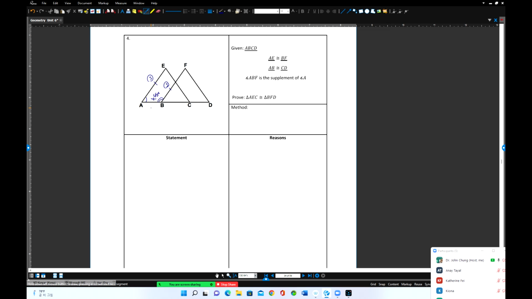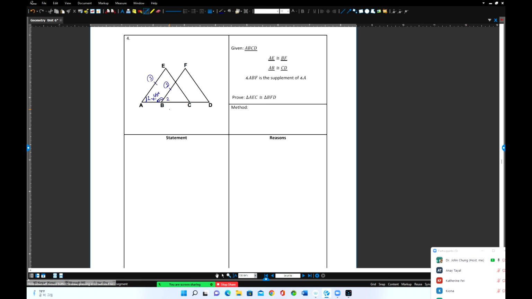And we have to prove what? Triangle AEC and triangle BFD, okay? Remember, these two angles are supplementary. I'm going to use angle 1 and angle 2 now to make it simple.